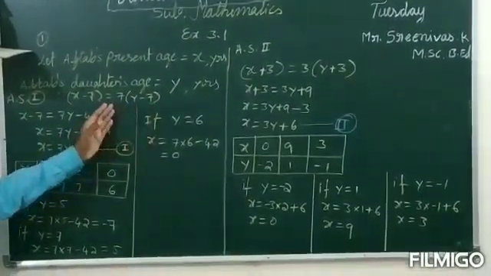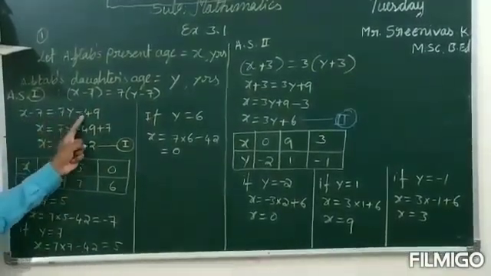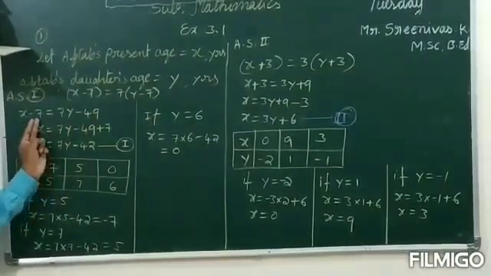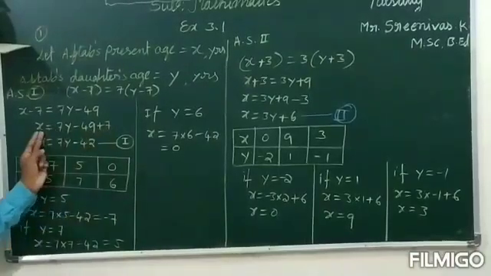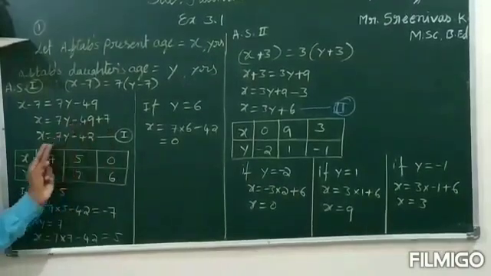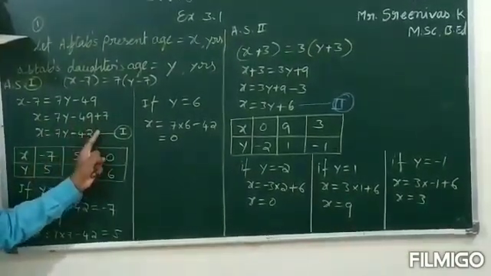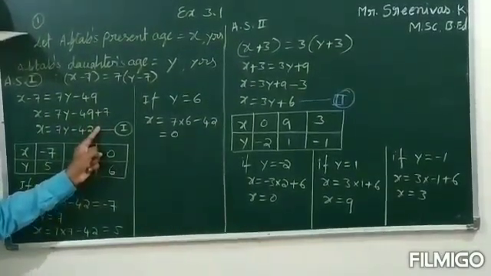So if you open the bracket here, you see x minus 7 equal to 7y minus 49. Transpose minus 7 to that side, it becomes plus 7. So x equal to 7y minus 49 plus 7. It becomes x equal to 7y minus 42. This is algebraic form.